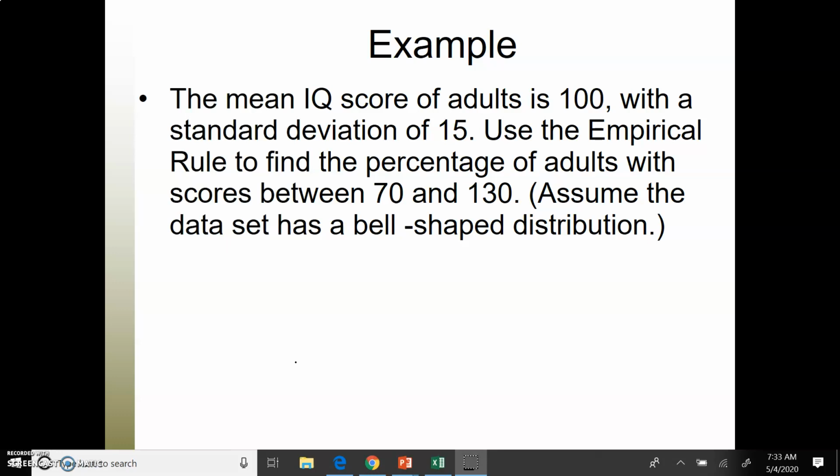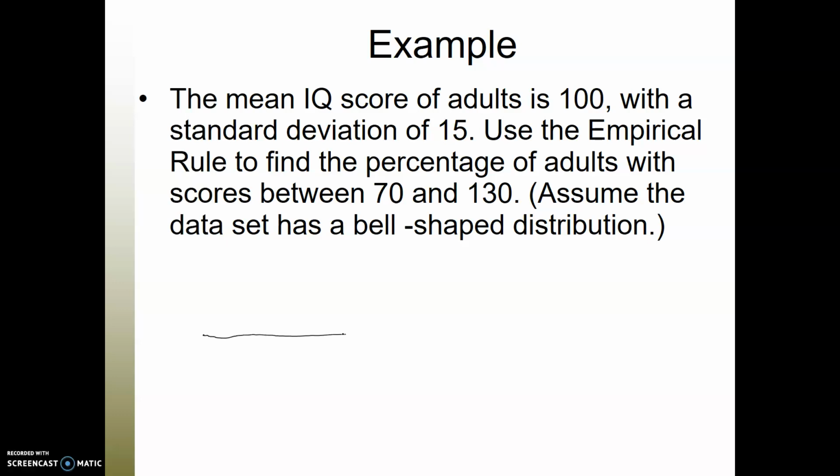This problem can be solved in multiple different ways, but I will give you the easiest way. You draw a straight line, and exactly in the middle you write the mean value, which is 100. That's the mean, mu, the Greek symbol mu for the population mean, and you write the standard deviation, sigma, the standard deviation for the population.